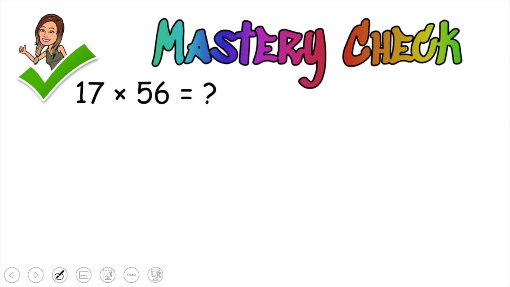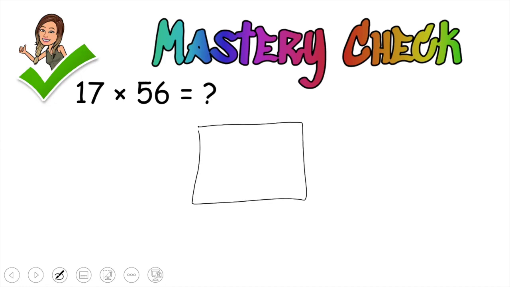This one, I want you to pause the video and solve using area model. Okay, so the first thing you should have done is you should have made your box based off of the number of place values or whatever numbers that you want to use.